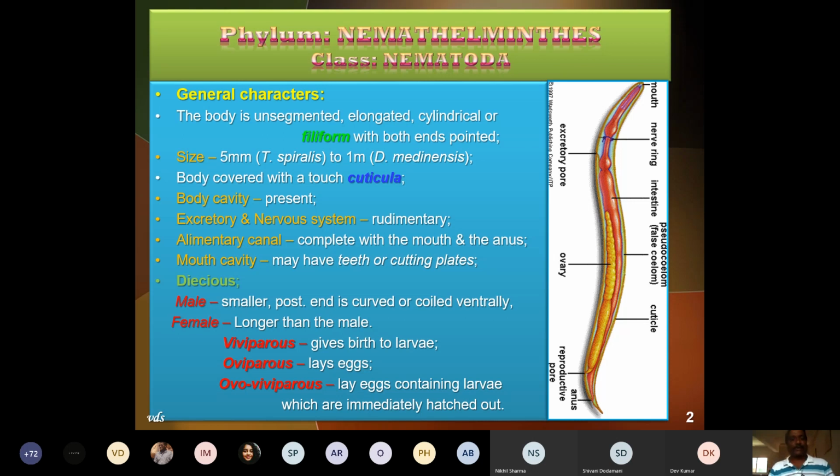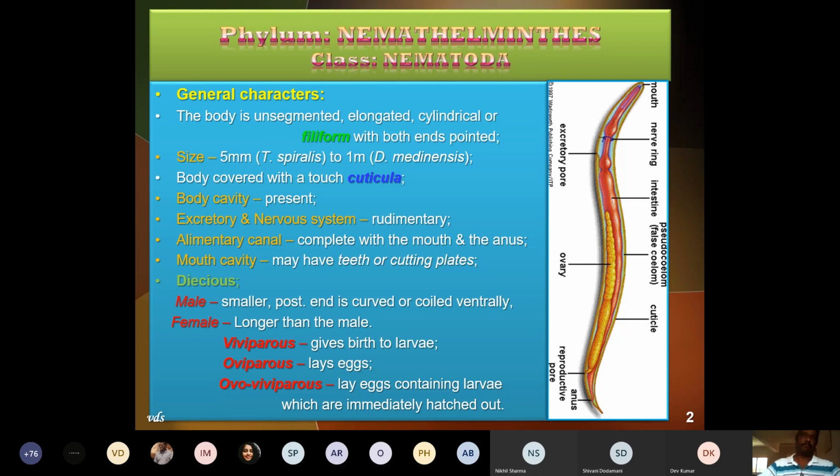Male is usually smaller than the female. The posterior end is curved or coiled ventrally. Now today we are going to study some of the important ones. You can observe the male which is much smaller than the female, as well as the posterior end which is coiled ventrally. The female, comparatively, is longer than the male.